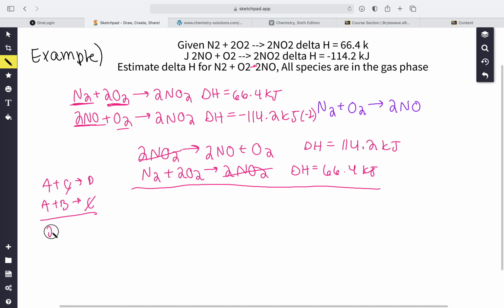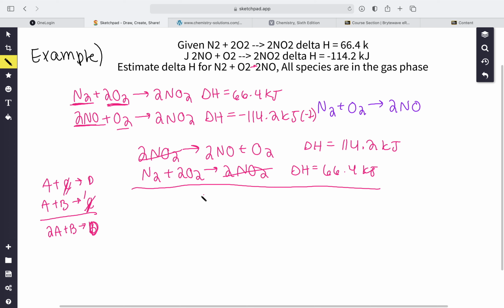This would actually become like 2A plus B yields D. That would be the overall equation because you can cancel these. Can't cancel the B because there's nothing to cancel. Can't cancel the D, so the D is going to stay. This is going to be 2A because you're adding these together. But yeah, that's what that looks like, and that's why we can do that, because that's the rules of the chemical equations here.